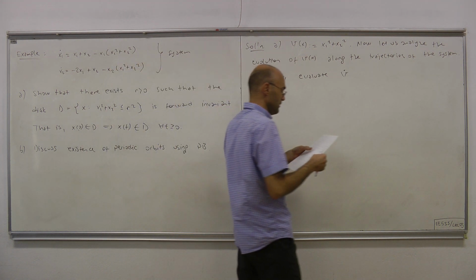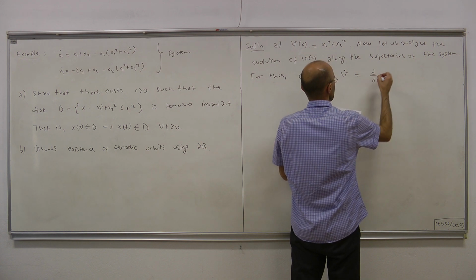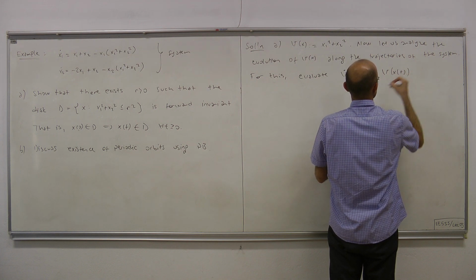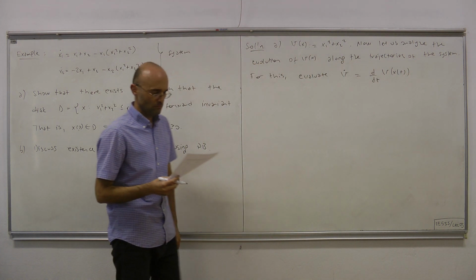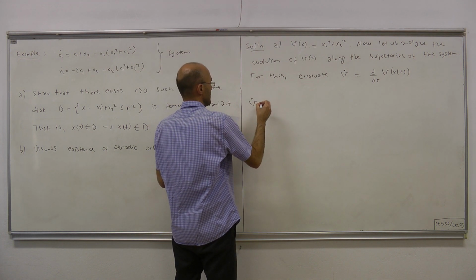So V dot therefore is the time derivative of V of x of t. Now what's V dot?